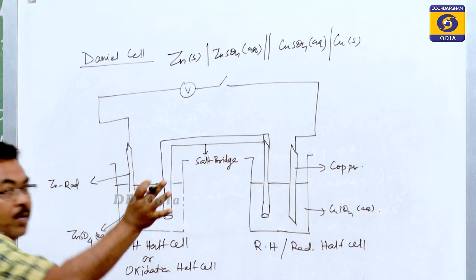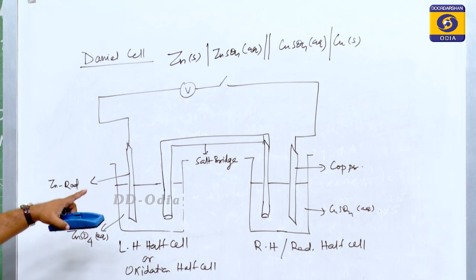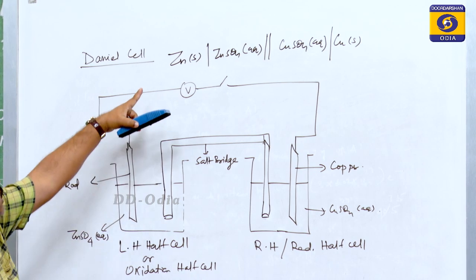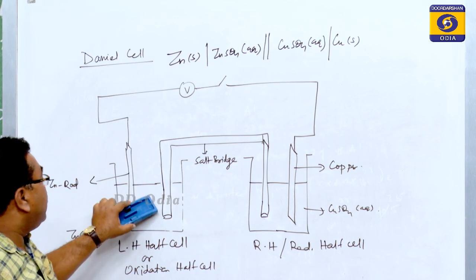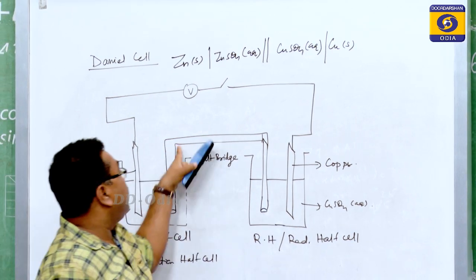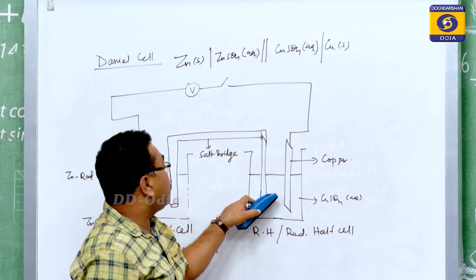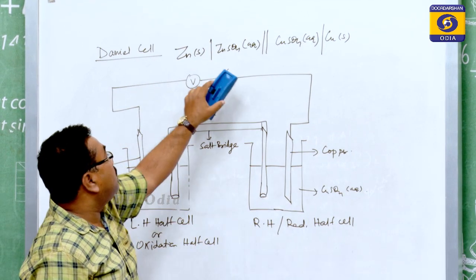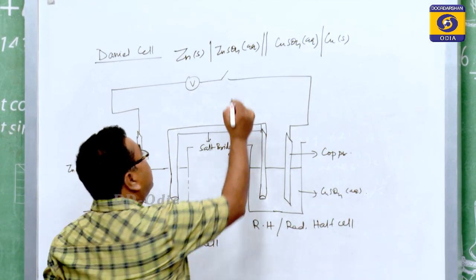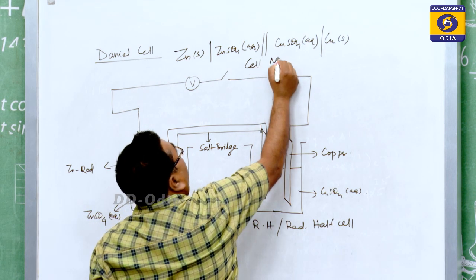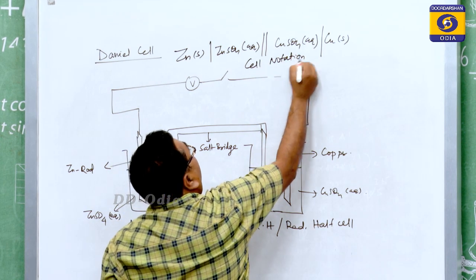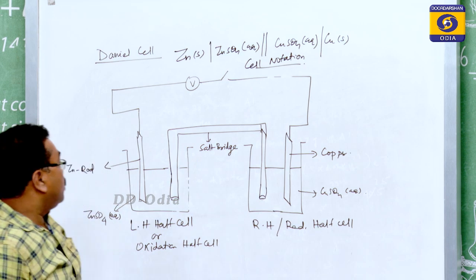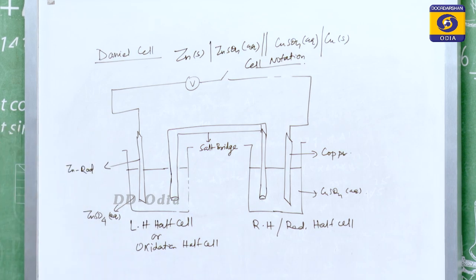If you move from left to right, you can get everything. In the extreme left, this is zinc, in contact with zinc sulphate, and here is the salt bridge, again there is copper sulphate and copper. So, this is the cell notation. Now we shall focus on its working.